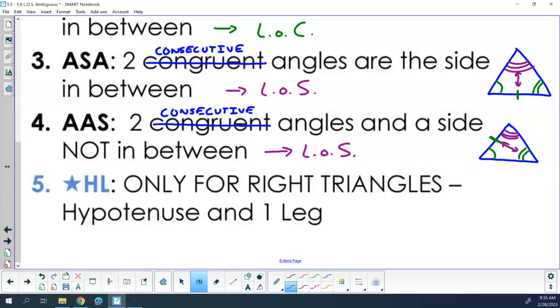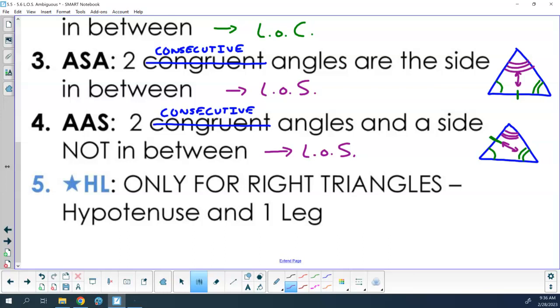The next one we have is only for a right triangle, and it's hypotenuse leg. So if you have a hypotenuse and one of the legs of a right triangle, that's different because now you've got SOHCAHTOA. So you can solve a right triangle using SOHCAHTOA.